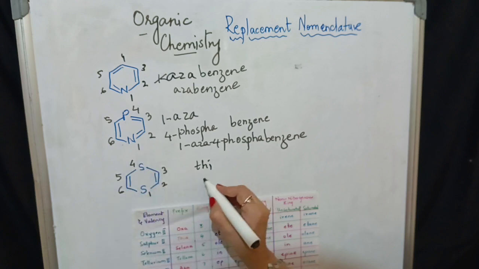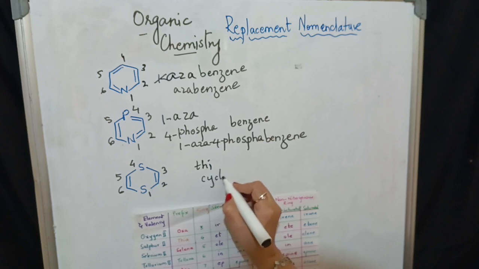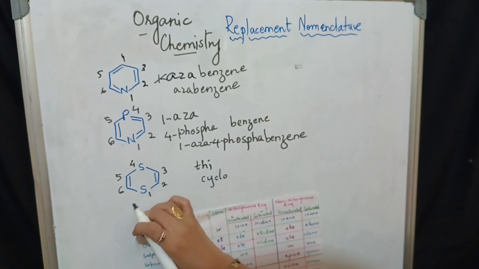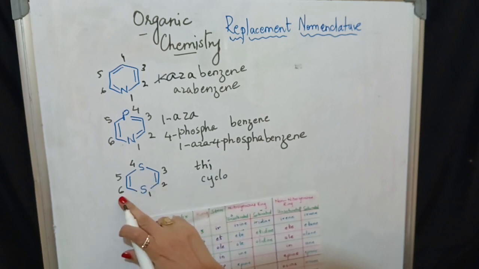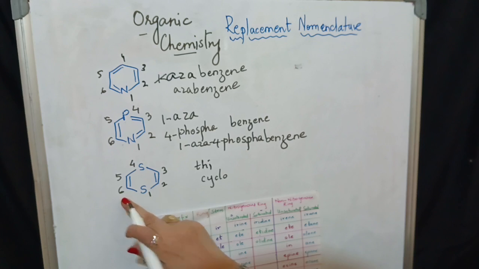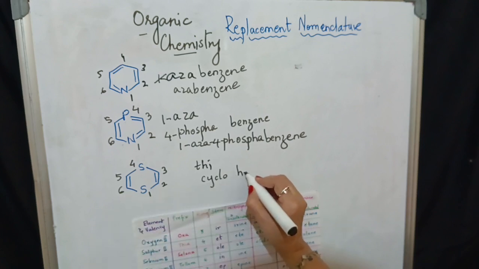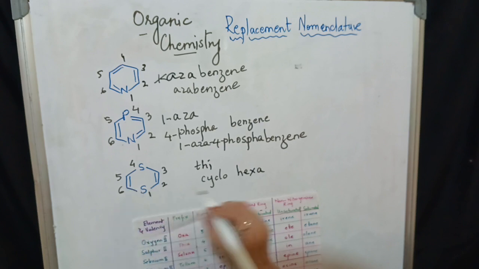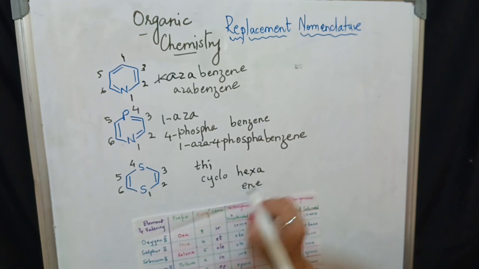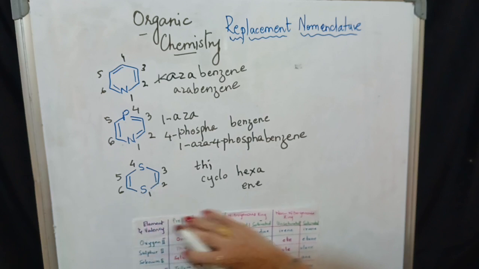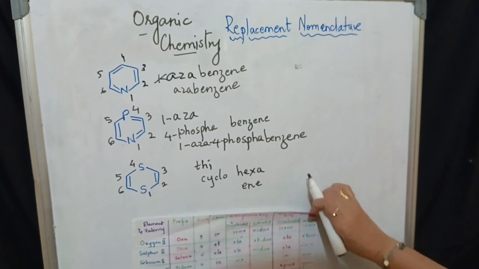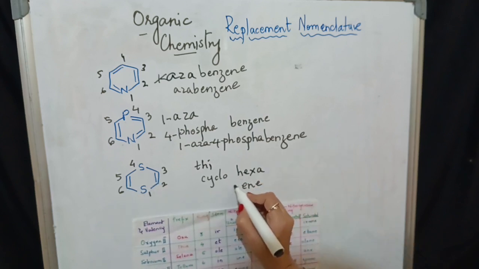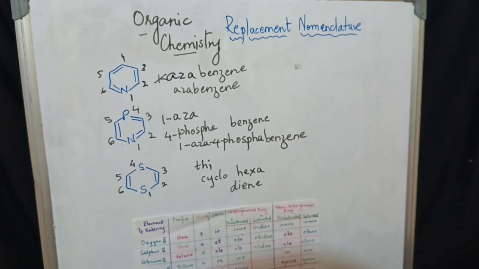Therefore, we say cyclo and not benzene. It is a 6-membered ring, means hexa. It contains double bond, means ene. It contains 2 double bonds, means diene.